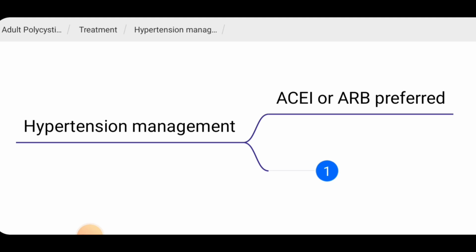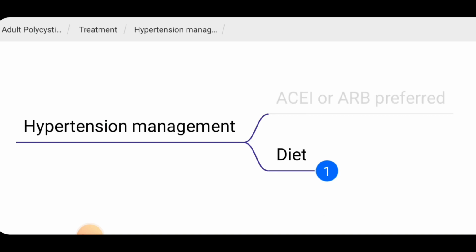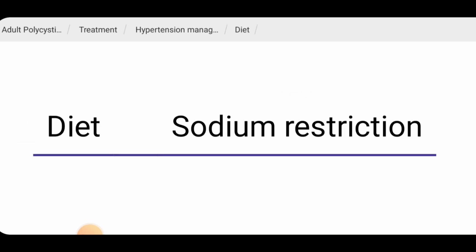The preferred medications are angiotensin converting enzyme inhibitors, ACE inhibitors like captopril, enalapril, or angiotensin receptor blockers like losartan, telmisartan, candesartan like drugs. And also we can do dietary modifications for the patient like sodium restriction.